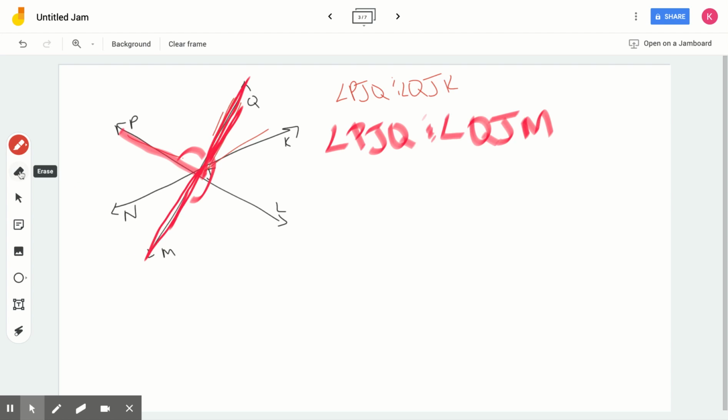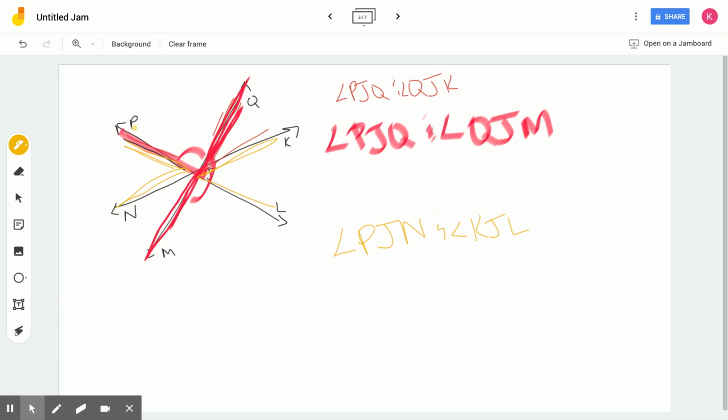Now, if I go back and look, and I want to find my vertical angles, I could say that PJN and angle KJL are vertical. They are formed by 2 pairs of intersecting lines, and they share that common vertex.